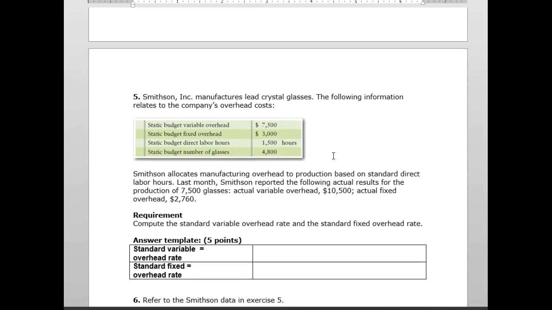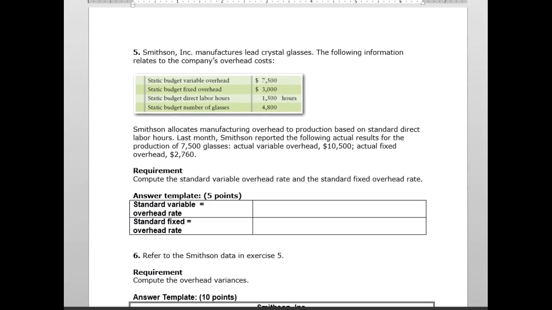And we have the next one, and you can see how you have to concentrate on these. This one, we're looking at finding our overhead cost by allocating it via the direct hours, okay? So we're saying our budget variable overhead is allocated on 1,500 hours at $7,500.